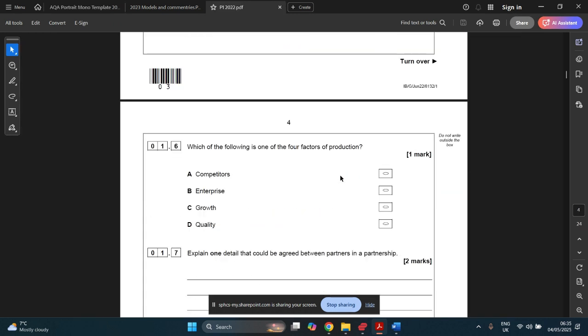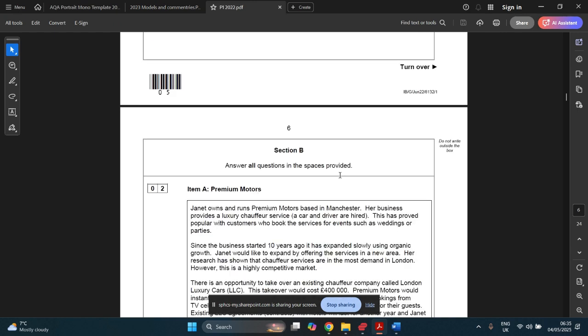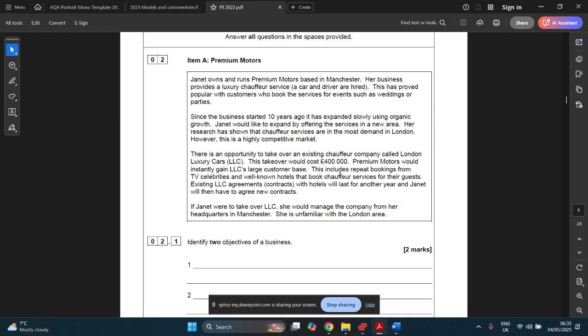So I recommend answering the questions in order, because the inclination might be to finish section A and then jump straight to the 12 mark question because it's the biggest question. Of course, you can do that, it's your exam, but what you might miss out on is important information in the case studies that are presented before.